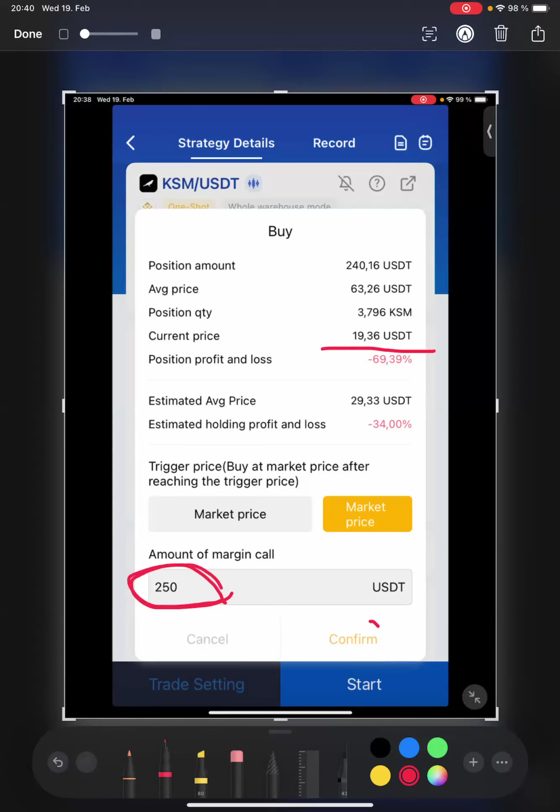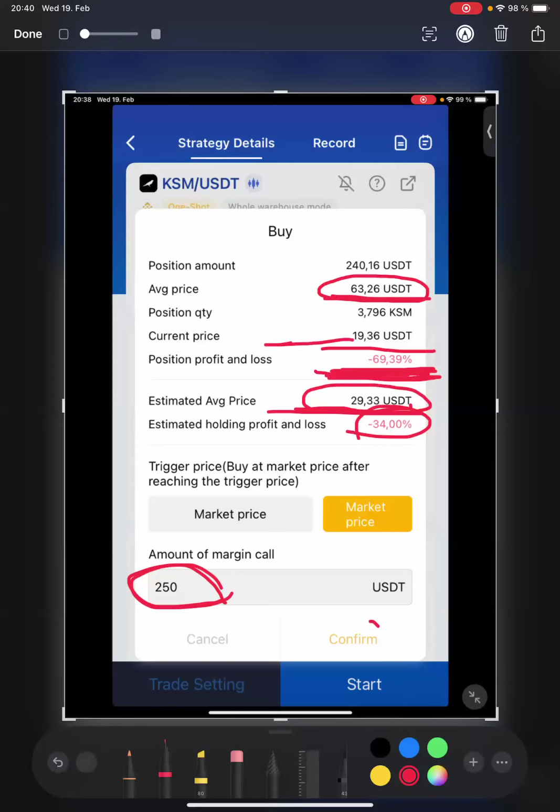Now my 250 would make my floating loss reduce from negative 69, almost 70%, to 34. Why? Because me pumping in more money would give me a new average price of 29.33, instead of my initial average price of 63.26.